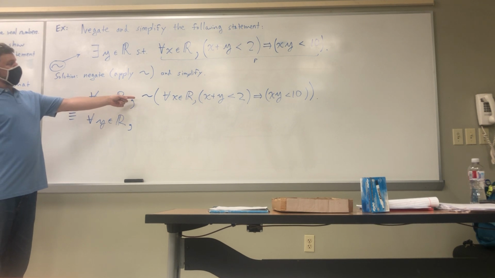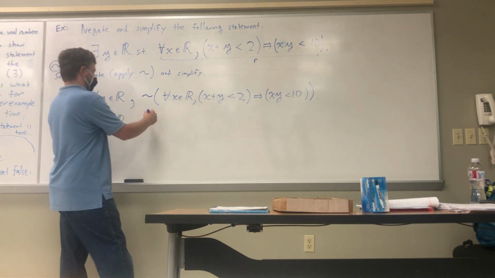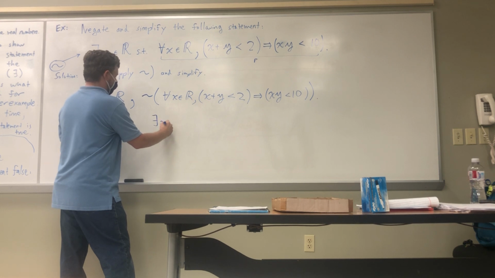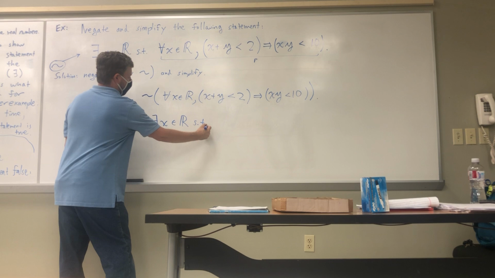Now I'm going to do the not on everything else. So I'll use the first rule because I'm going to change the for all into a there exists, now x element of r, and the comma into a such that.